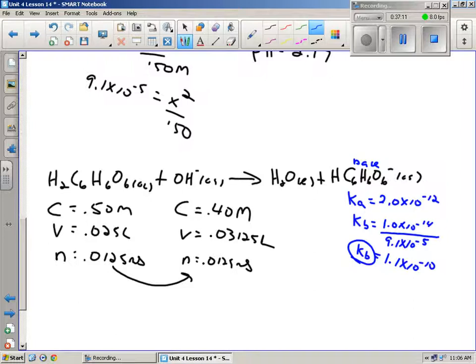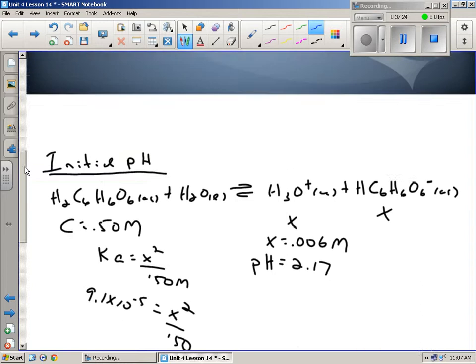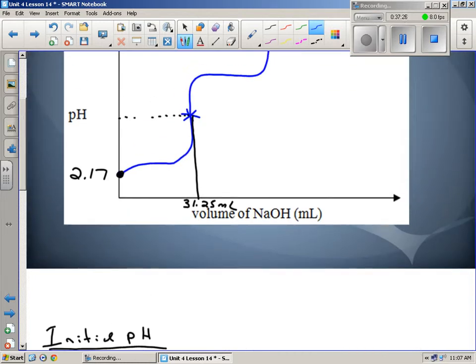Okay? So I started at 2.13, remember? Pretty acidic. And already it took 31 milliliters, it shot up to be already being a base, yes? So right here, I would say the pH has to be greater than 7, because it's acting as a base, yes? Guess what?